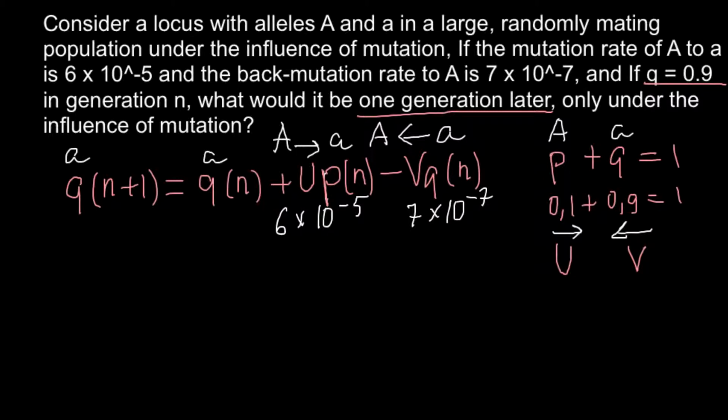What we can tell instantly is that we would have a surplus of the recessive allele in the next generation, because much more dominant allele is converted into recessive than recessive allele converted into dominant, since this number is about 100 times smaller than that number.